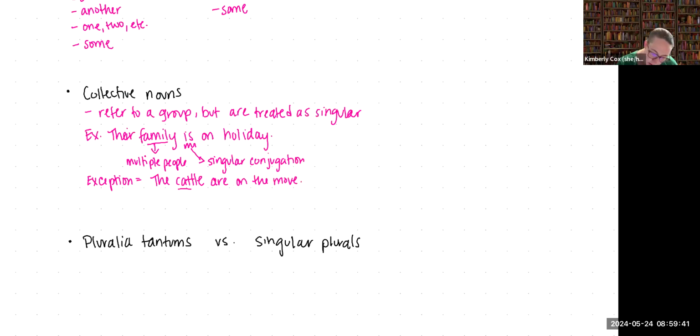Cattle is once again multiple, but "are" is a plural conjugation. And it is one of the very few collective nouns that has a plural conjugation. So when we're talking about collective nouns, what we're talking about is a group, but a group that is more often than not treated as a singular.